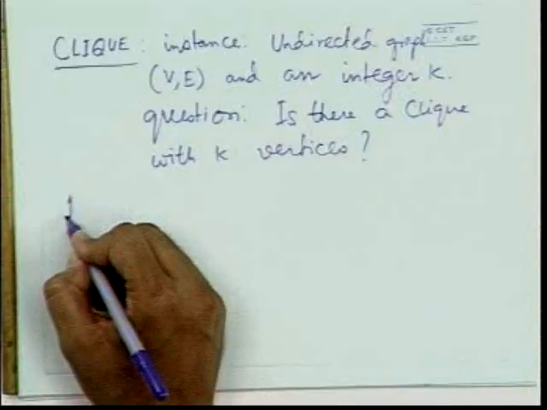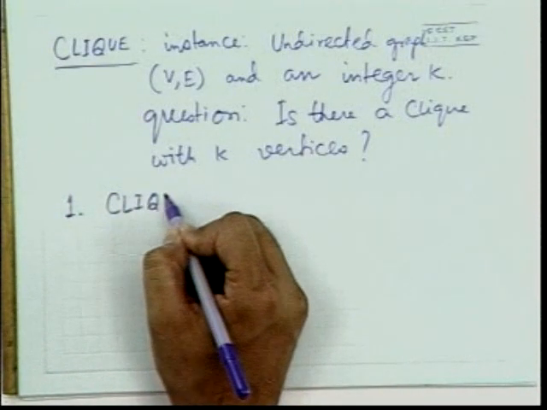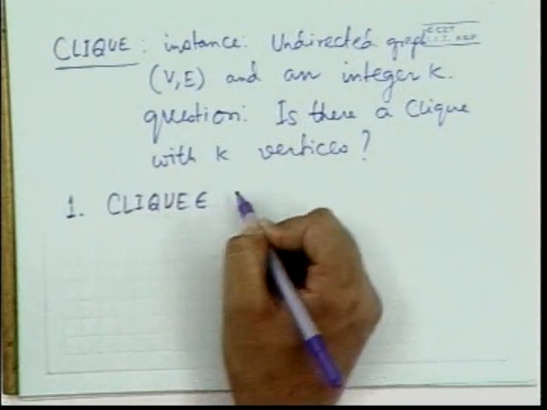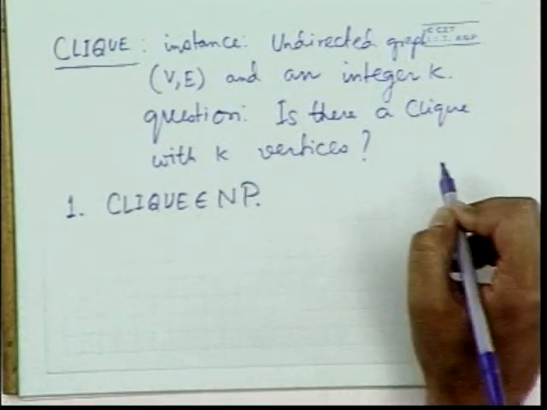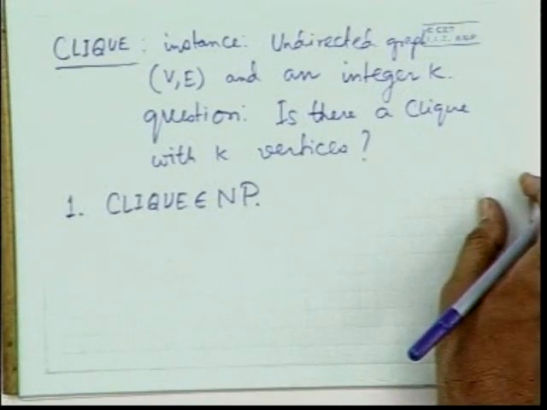Okay. As we know, the first thing we have to show is that this problem is in NP. So the first step is to show that clique is in NP. How do you show that? What is the certificate of this problem? A clique.